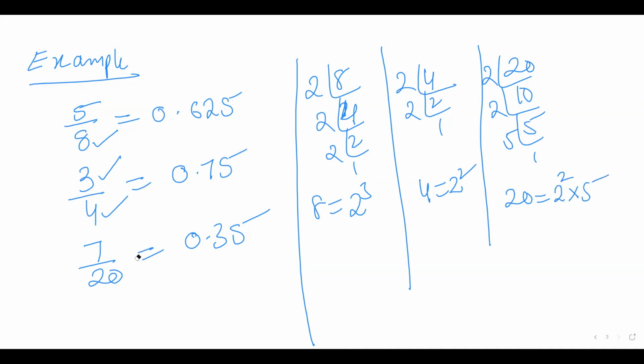Got it? So in all the cases, in the denominator, on factorization, you are having only 2 and 5. In their prime factorization, 2 and 5 are present. No other number is present. This is the property of the denominator.